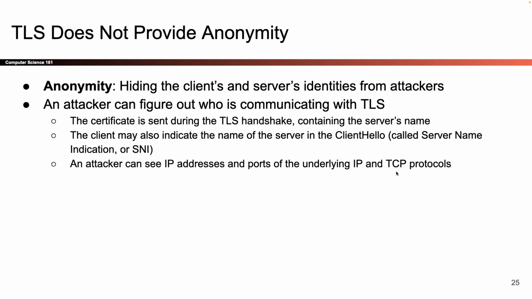When I create these beautiful encrypted messages, I still have to split them into packets and send them using the IP protocol. And what does the IP protocol include? It includes that header with the source IP and the destination IP. That's not encrypted. So the IP header is still unencrypted, and someone could use that to figure out who I am and who I'm talking to. So all of this is to say TLS does not provide anonymity. Attackers know who you are.